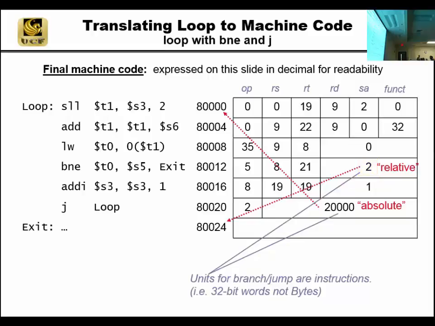Can anybody see another way to interpret a relative branch? We're executing this instruction, and where do we want to go relative to where we're at? Thinking caps on. Be creative. We're executing this instruction, and we want to go to here if we take the branch.